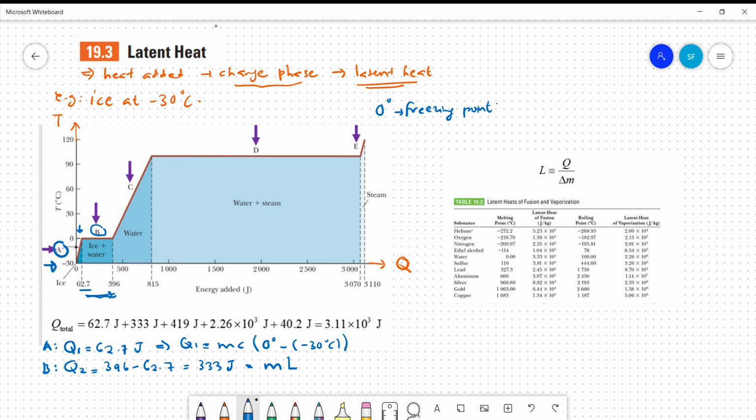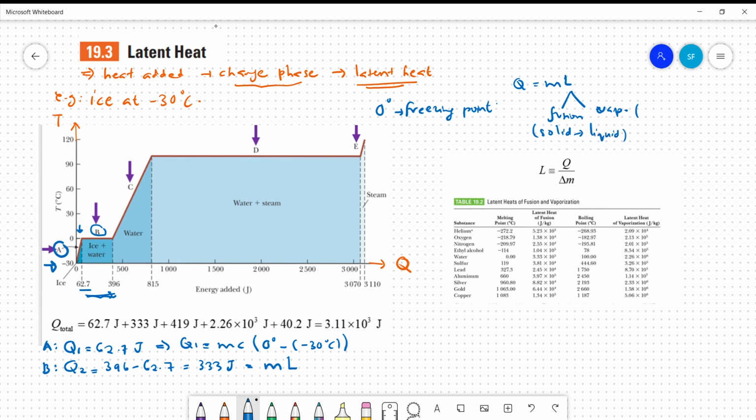So the energy that involves latent heat is given by mL, where L, if you still remember, is the latent heat. It has two types: latent heat of fusion, and the other one is latent heat of vaporization. Latent heat of fusion is when solid changes phase to liquid.